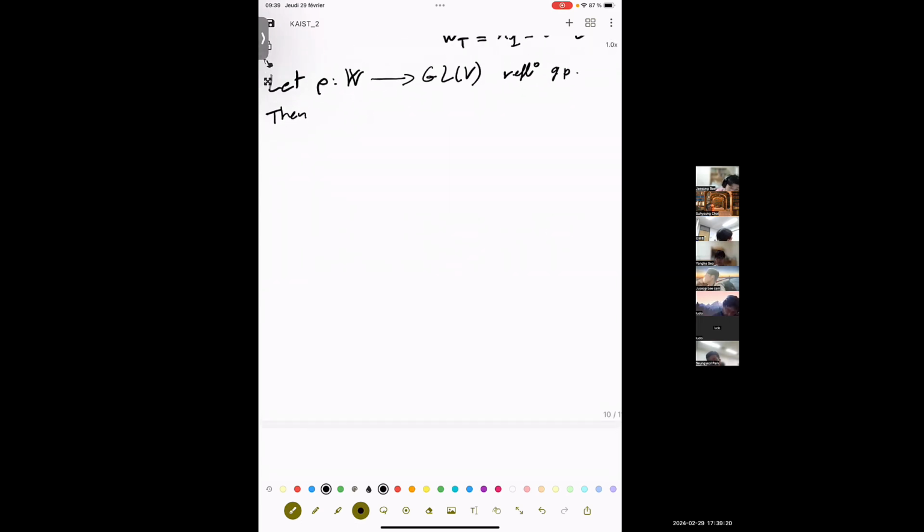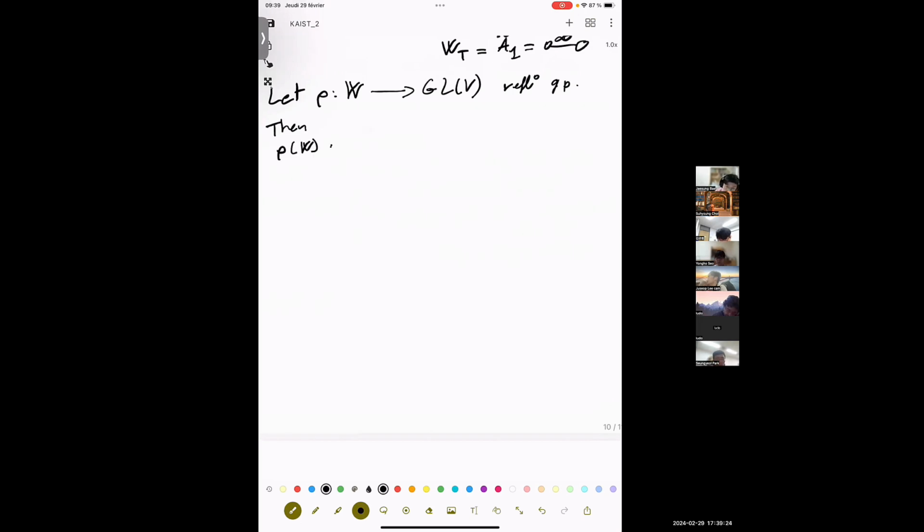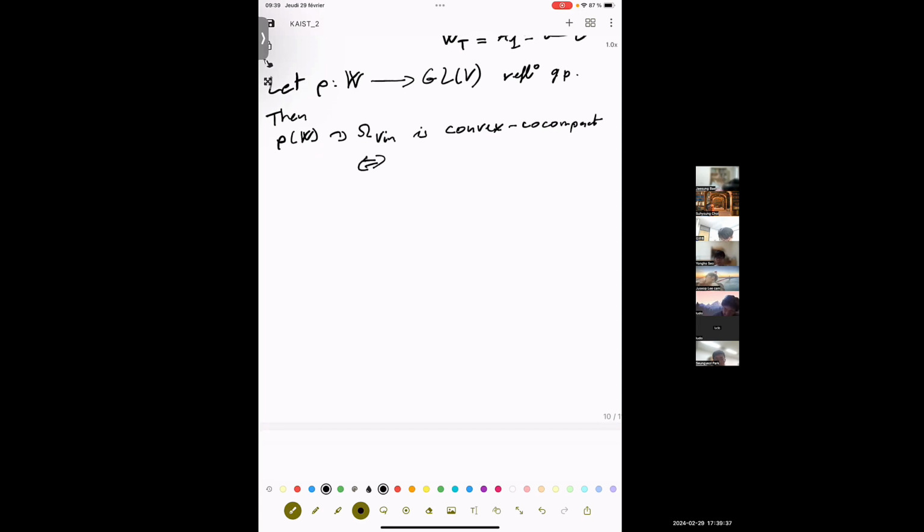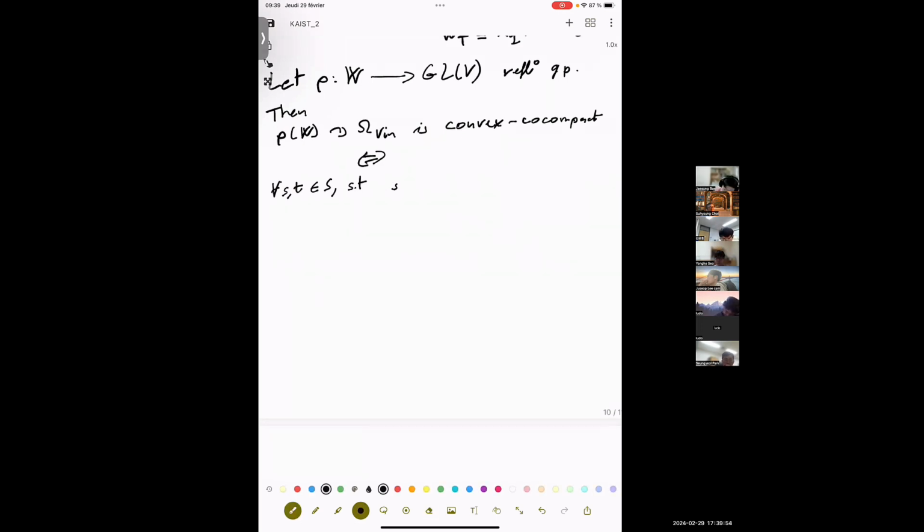The action of rho W on Omega is convex cocompact if and only if you just need to check for every A1 tilde, for every pair such that M_ST, let me stay with big M, M_ST is equal to infinity, we must have A_ST, A_TS bigger than 4.